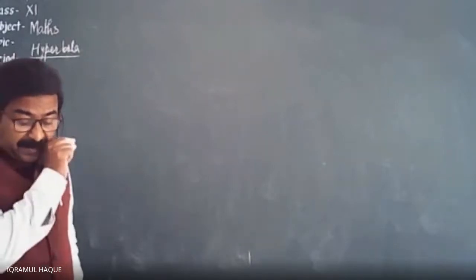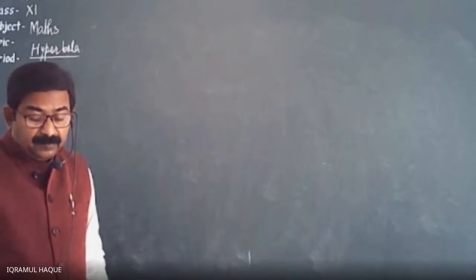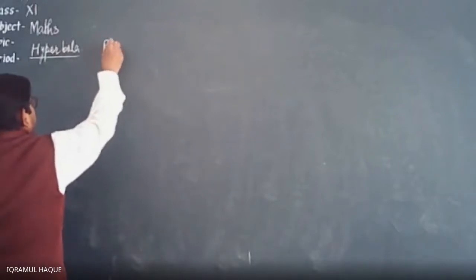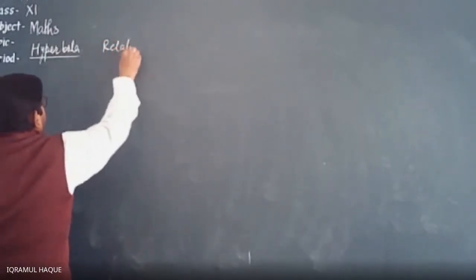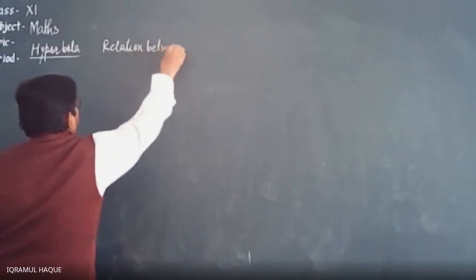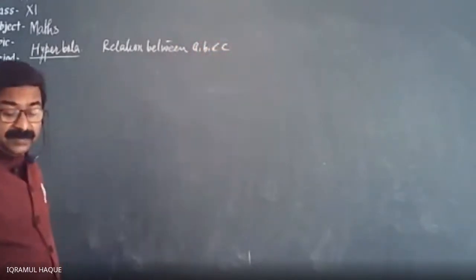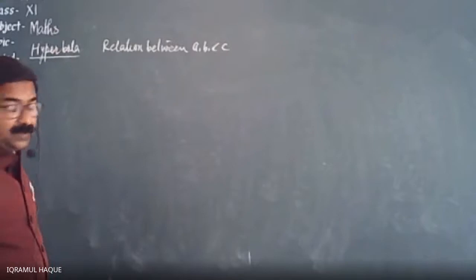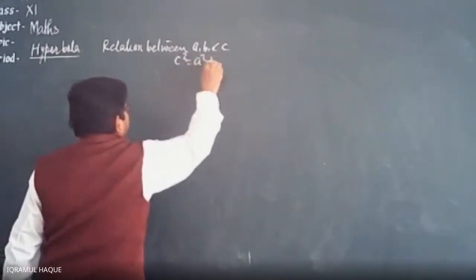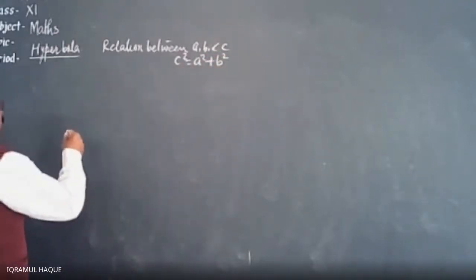This time we have c square is equal to a square plus b square. This is different from ellipse. This is a new thing.